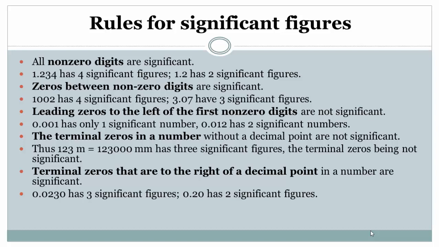For example, 0.001 has only one significant figure. The terminal zeros in a number without a decimal point are also not considered as significant figures. Last one is the terminal zeros to the right side of a decimal point are considered as significant figures.